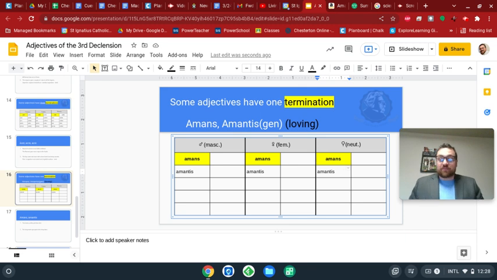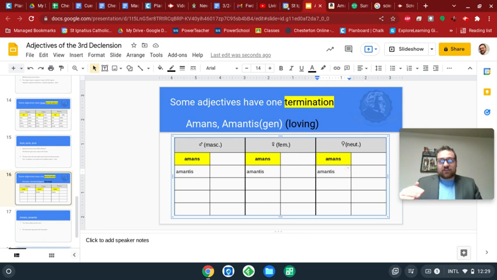Now I want to tell you something about adjectives of one termination. A lot of the time you can take a verb and make an adjective out of it. So the verb amare: amo, amas, amat, amamus, amatis, amant. Okay, that's the way to conjugate the verb amare in the present indicative tense.